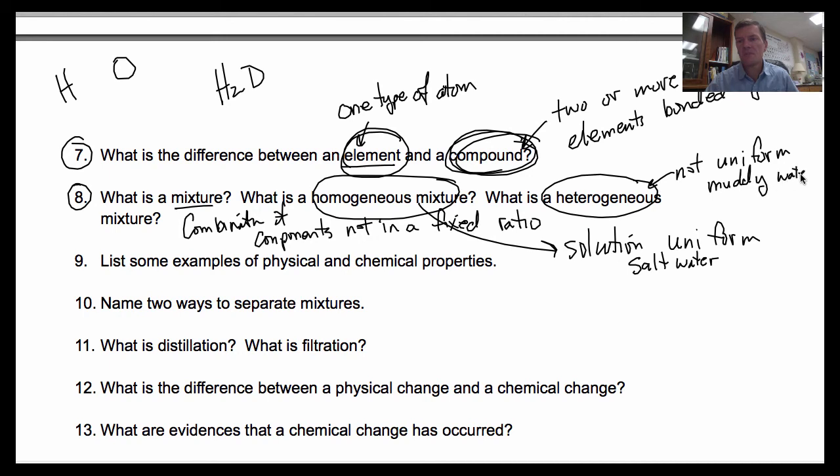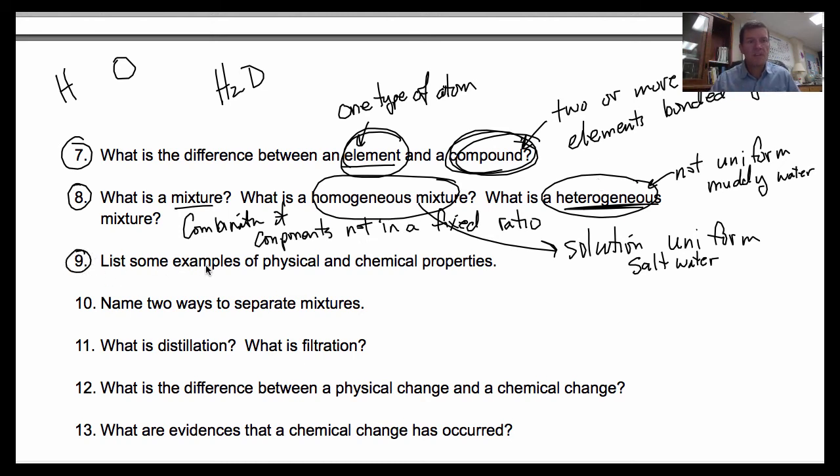You see things floating on top. Maybe there's a chunk of mud in the bottom. Maybe there's a rock in the bottom. Even milk. Milk is heterogeneous. Even though it says it's homogenized on the carton, it's heterogeneous because you've got tiny little particles of cream and fat that are going to be maybe concentrated in one area more than the other.